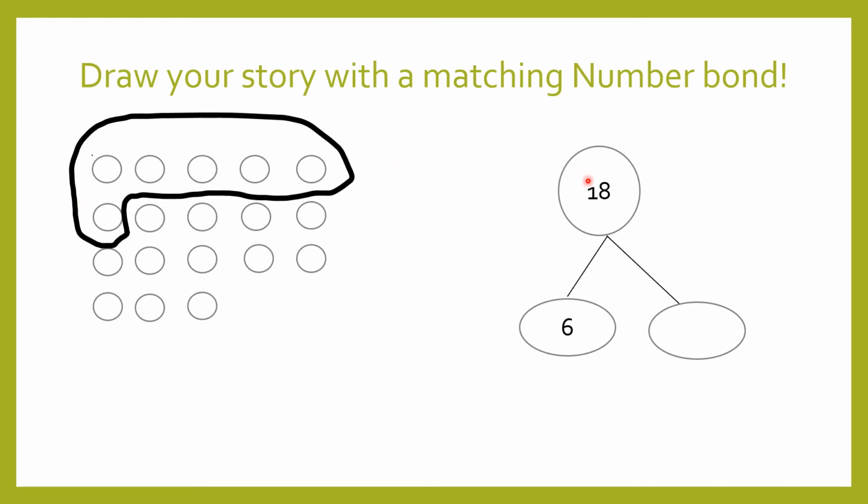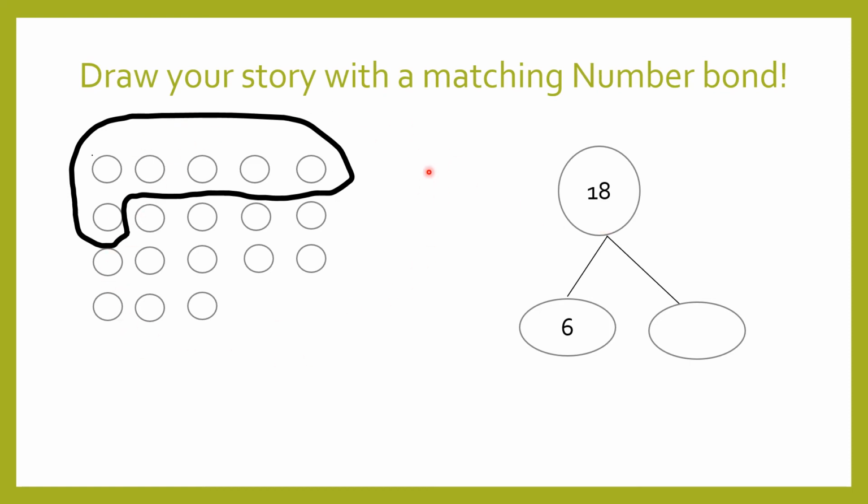So we know that there were 18 ants altogether. We know that 6 are remaining. What we haven't figured out, though, kindergarten, is how many ants were crossed off or subtracted from 18. Take a look at our drawing.